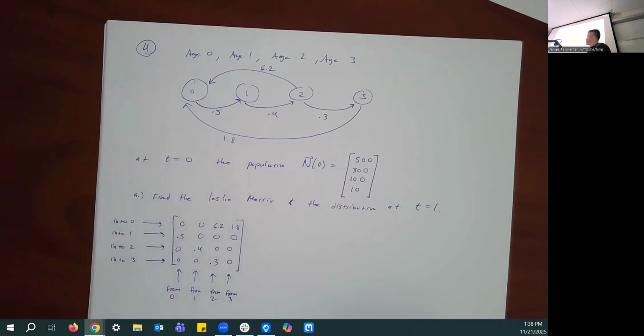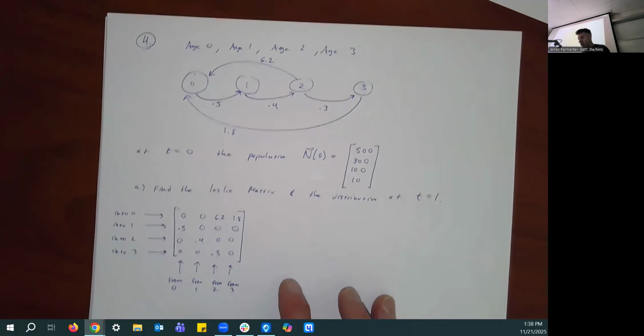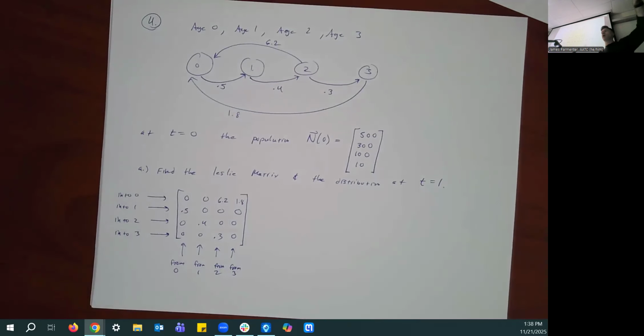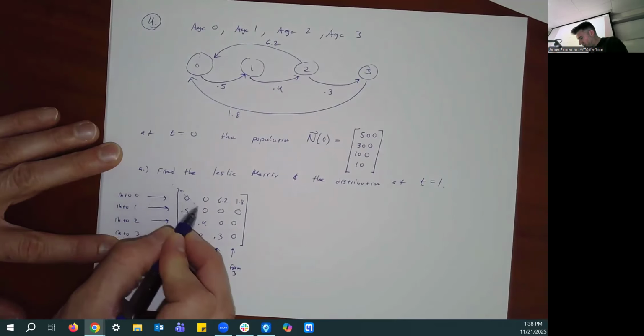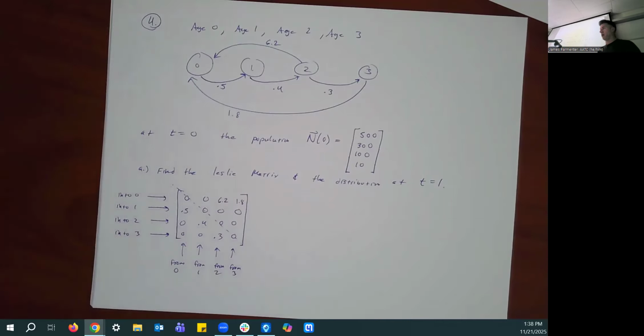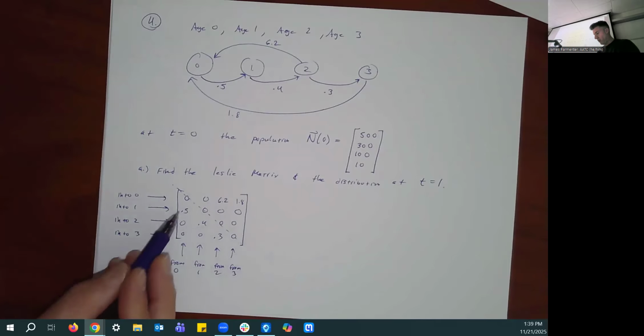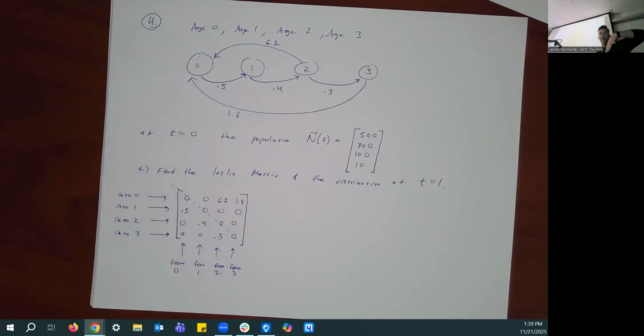I will point out, because it is fairly typical, that when you have this situation where some fraction of each age group is surviving until the next year, you have non-zero entries directly below the main diagonal. Right there, and right there, all below that diagonal. It's very common in this sort of situation.